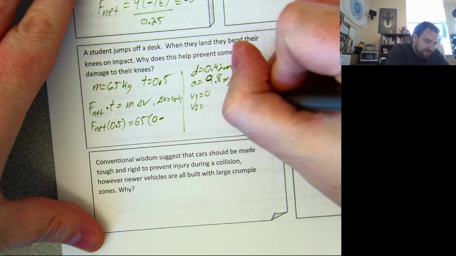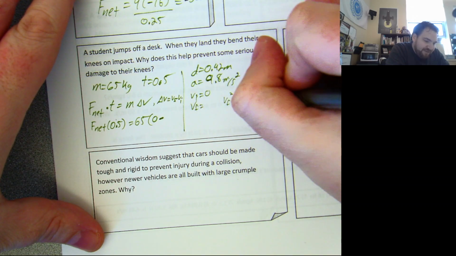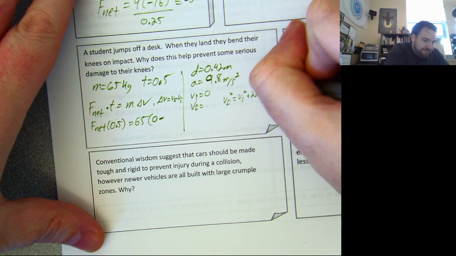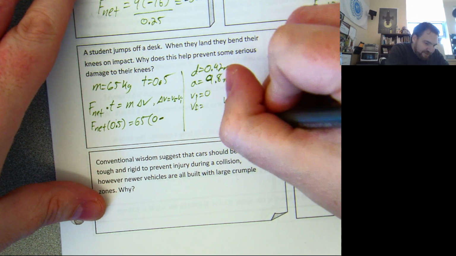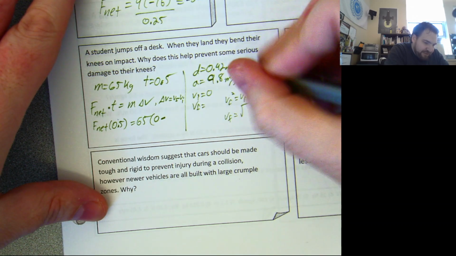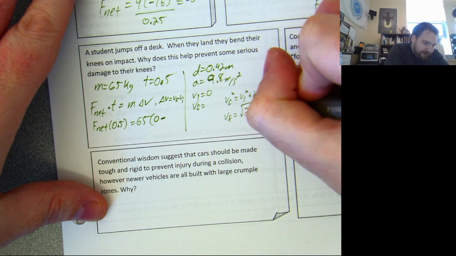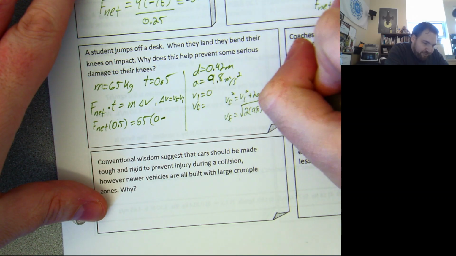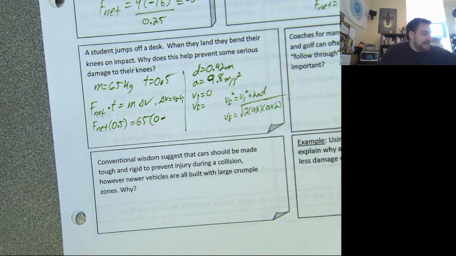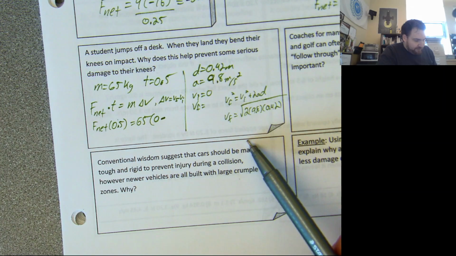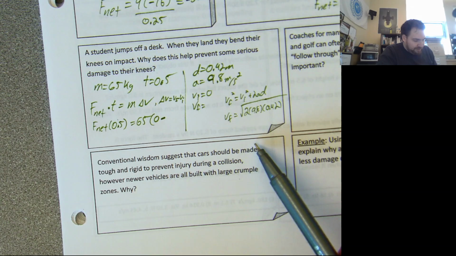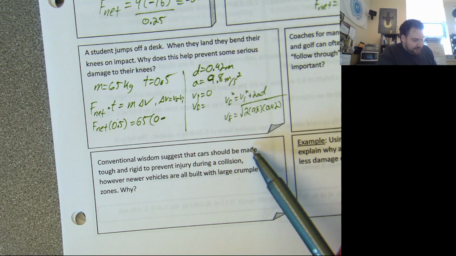So VF squared equals VI squared plus 2AD. VF is going to equal the square root of 2 times 9.8 times 0.42. I hit the ground moving at the square root of that answer.